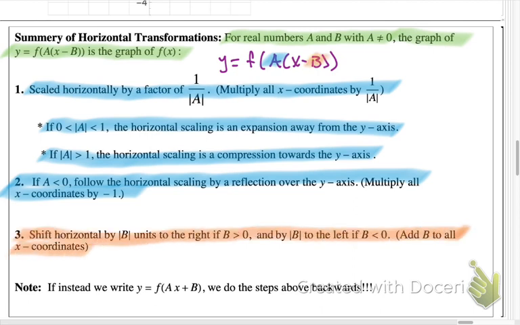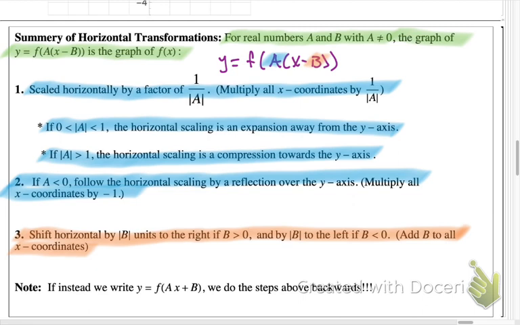I want to connect the algebraic expression to this verbal description of the steps that are happening. Whatever b is, notice it's always x minus b. So in that general form of a transformation, you're always subtracting b. For instance, if I had x minus 2, b would be 2.